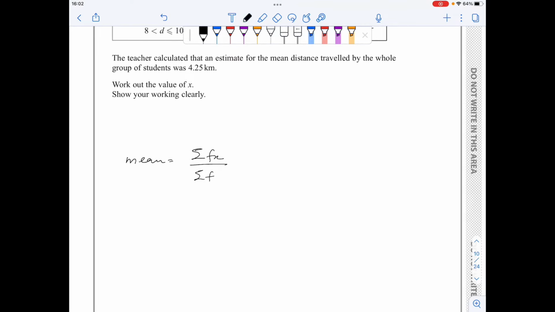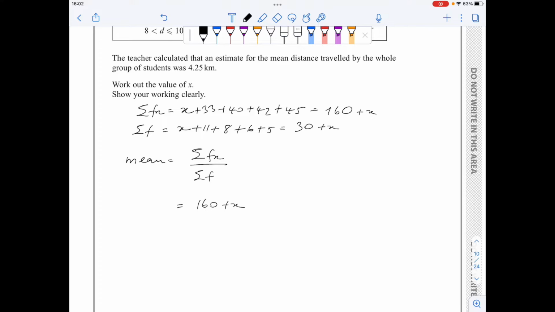So for sigma fx, I will add x plus 33 plus 40 plus 42 plus 45, which is 160 plus x, and then the sigma f is equal to x plus 11 plus 8 plus 6 plus 5. This is equal to 30 plus x. Hence, the mean is 160 plus x over 30 plus x, and this must be equal to 4.25 according to the question.